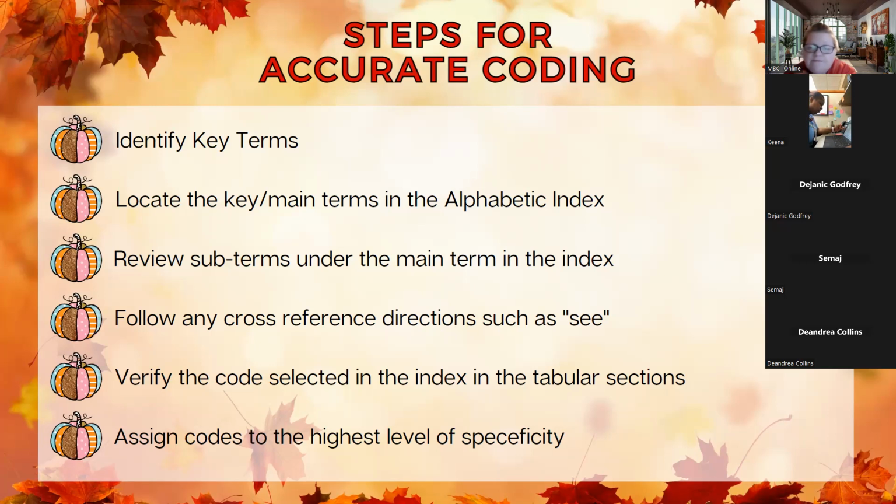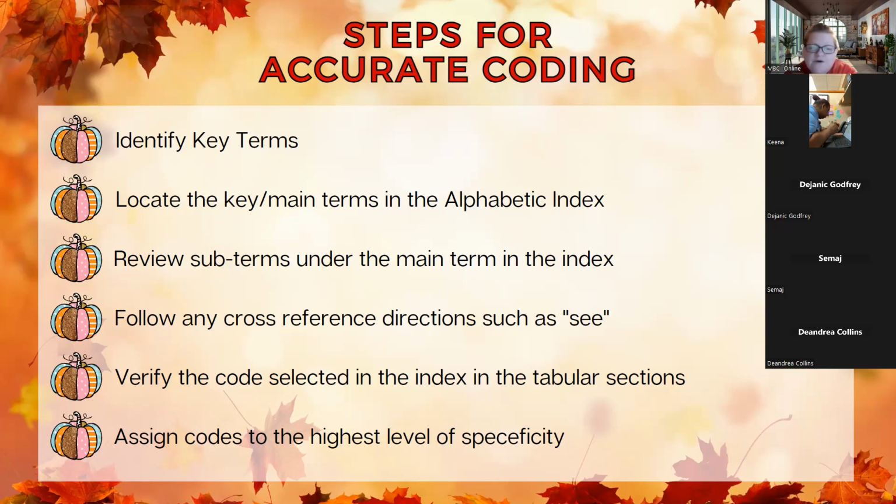So keep looking down till you find the one that fits your scenario. You follow any cross-reference directions such as "see." Sometimes when you get to a term, it'll tell you to see the condition or see the illness or something like that. And then you'll just go to wherever they direct you in the index. It'll tell you where to go.